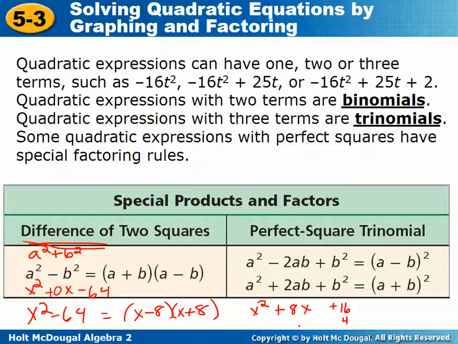If you took 2 times 4, you would get 8, which is this number here. So if you have one that is in this form, you can use the methods of factoring that we've already talked about, or you can recognize that it's a perfect square trinomial and factor it a little bit quicker. So these are shortcuts. They're not necessarily the only way to factor these, but if you recognize that it's one of these two types, then you can factor it more quickly.